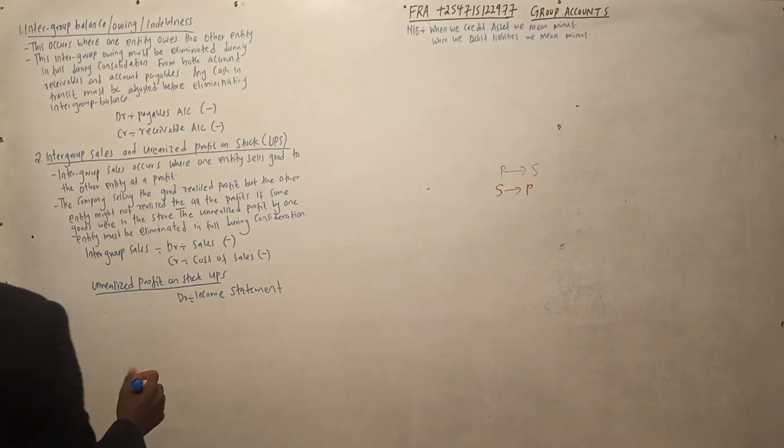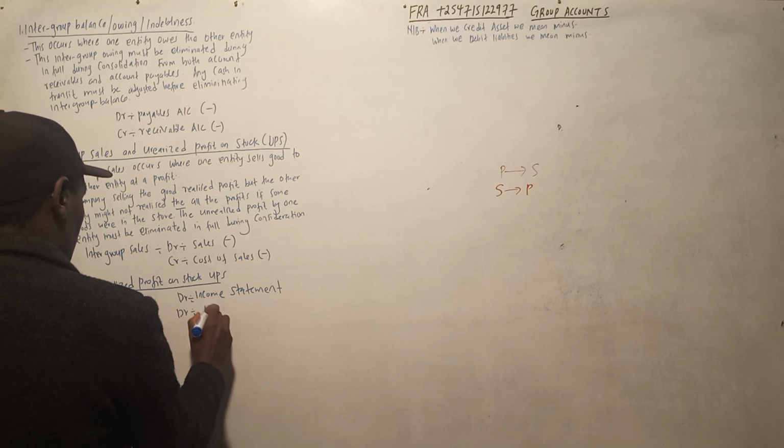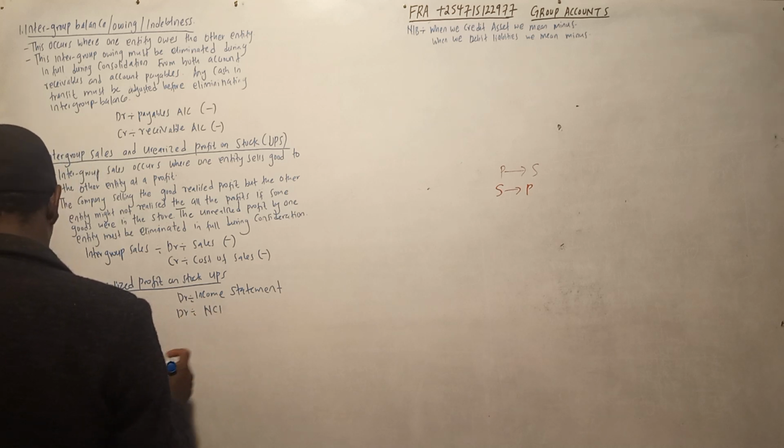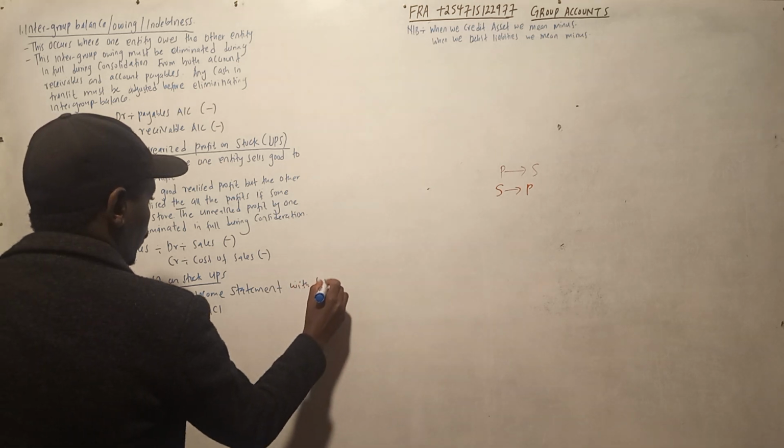We debit the income statement. Then we debit the non-controlling interest, NCI, with its share. So the income statement is the full amount.